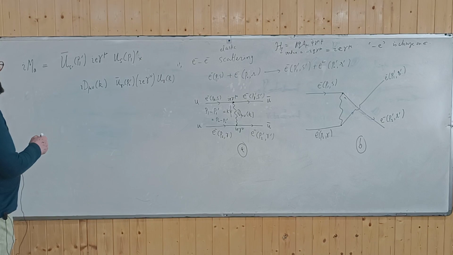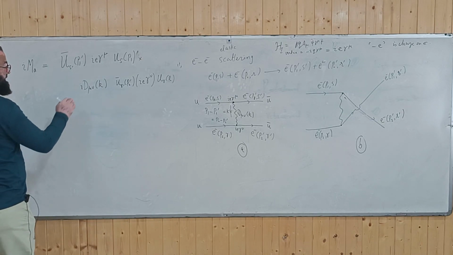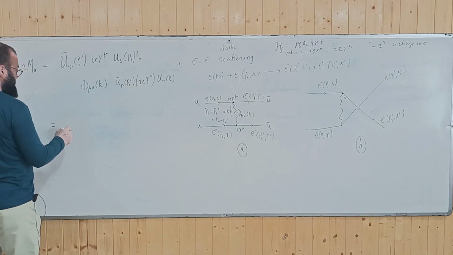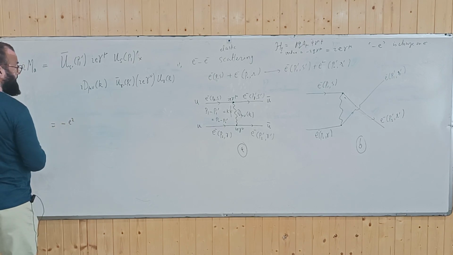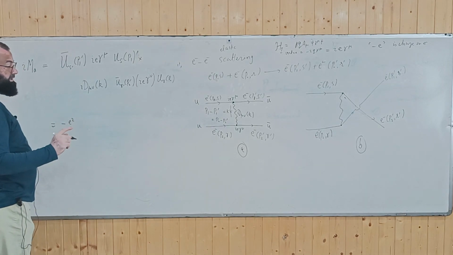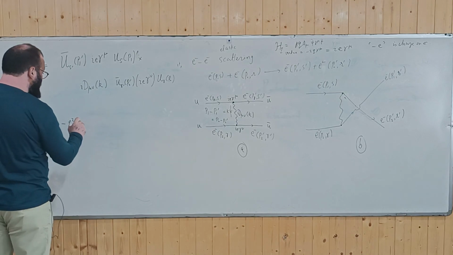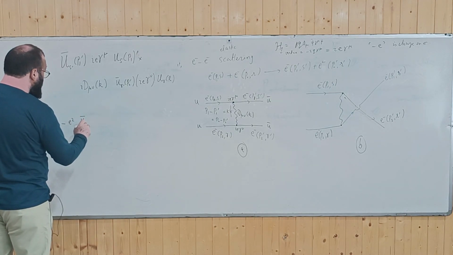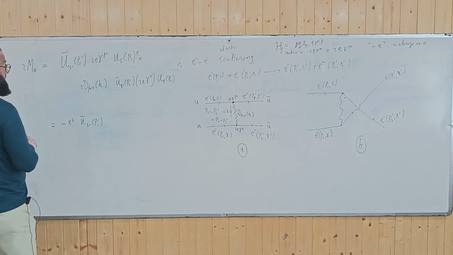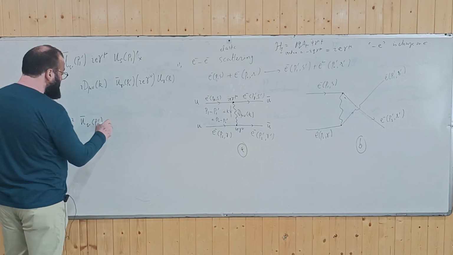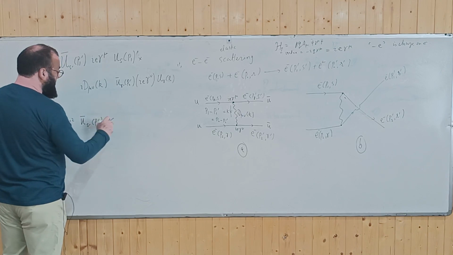So what is I times I? It is minus E square. Got it? Everybody followed it? So what you are having here is U bar S prime P1 prime. Then you are having this gamma mu.